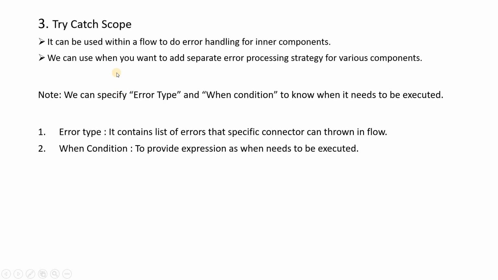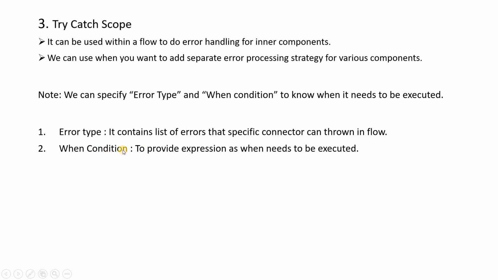When you are configuring this exception handling, there are two types of configuration: one is the error type, and the second is the when condition. What is the error type? It contains the list of errors that a specific connector can throw in the flow. Whatever connectors you have used, that connector will throw errors that come into the error type, so you have to select which errors need to be covered.